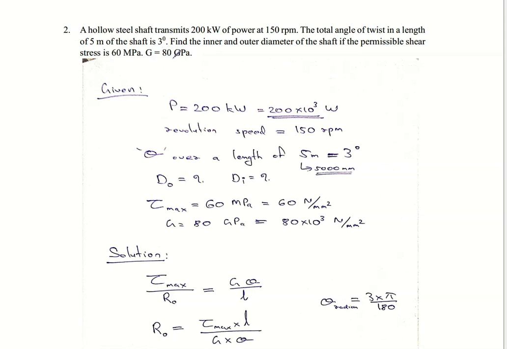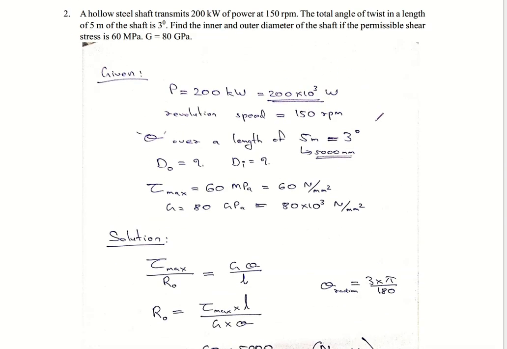Now they have given the angle of twist. It is given as 3 degrees, that is in a length of 5 meters. Now we are asked to find the inner and outer diameter of the shaft if the permissible shear stress, that is the maximum shear stress possible, is 60 megapascals. G is again given as 80 gigapascals.